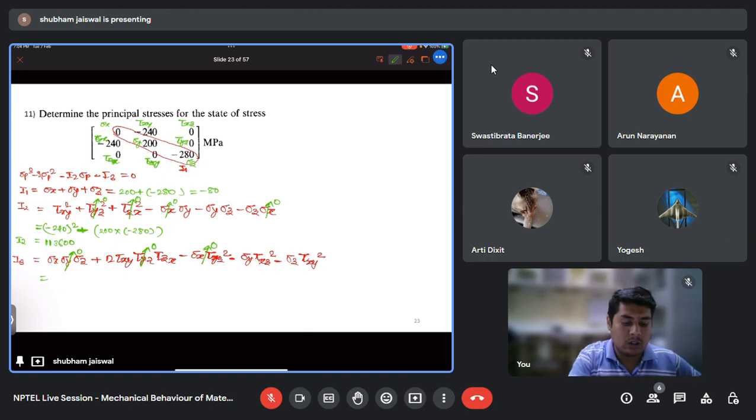Here we have another term, that is sigma y tau xz. Tau xz is also 0. So now we are remaining with sigma z and tau xy. Sigma z is how much? Minus 280. Minus 280 into tau xy squared, 240 squared.